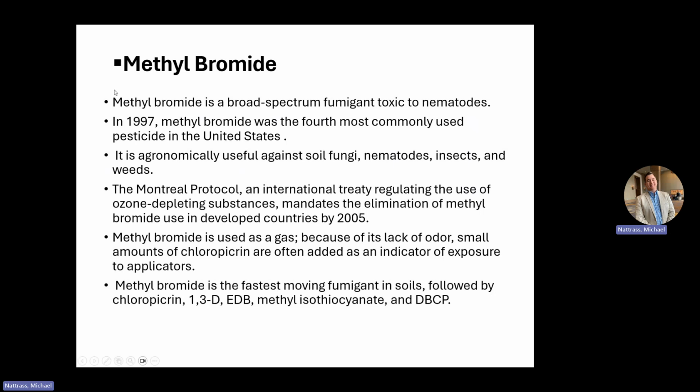And so somewhere in the early 2000s they realized that, hey, this methyl bromide is ozone depleting, and we don't need to be using that. So methyl bromide is definitely one that you should have at least heard coming out of an agricultural program as a fumigant for nematodes.